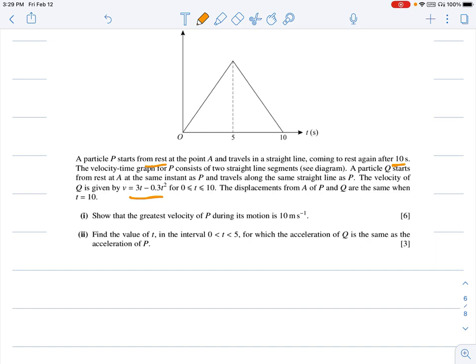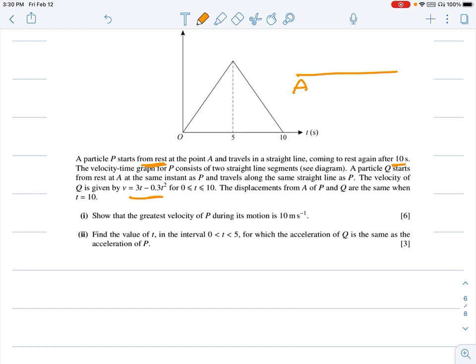So what's that question? Let us read the question carefully. A particle P is starting from rest, so initial velocity is 0, at a point A and travels in a straight line. Then comes to rest again after 10 seconds. The velocity time graph of P consists of two straight line motions.